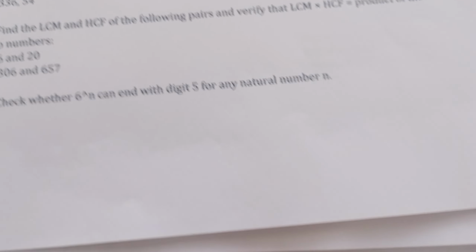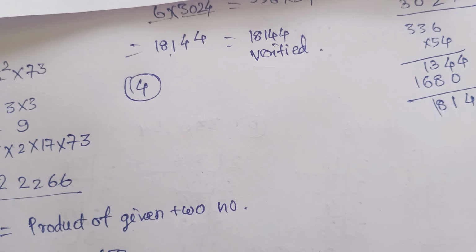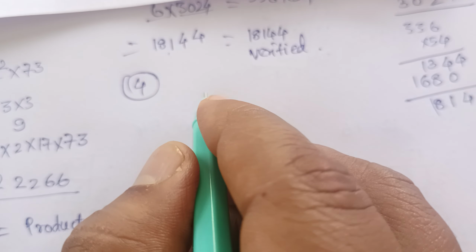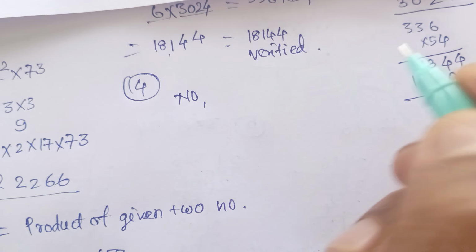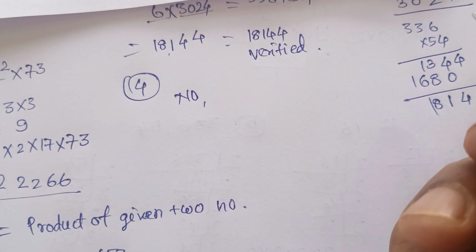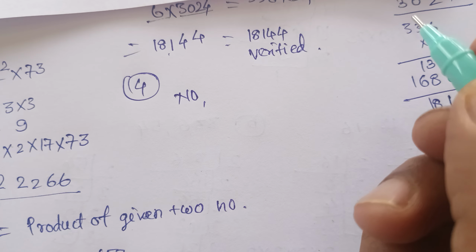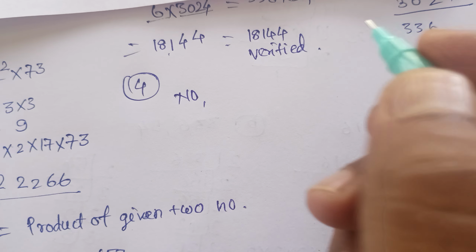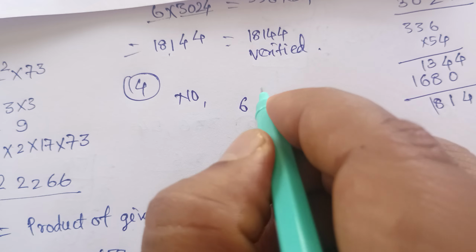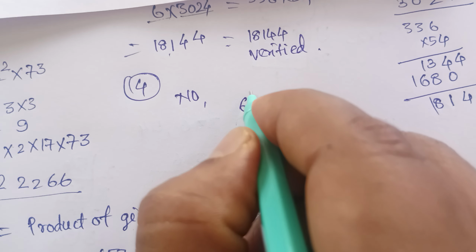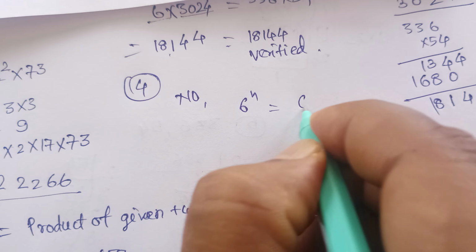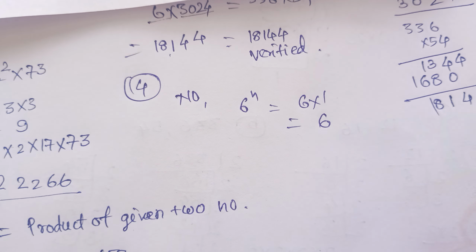You can say it is no. Why? Because the unit digit of 6 to the power n is always 6. Suppose we have 6 to the power 1, it ends with 6 only.